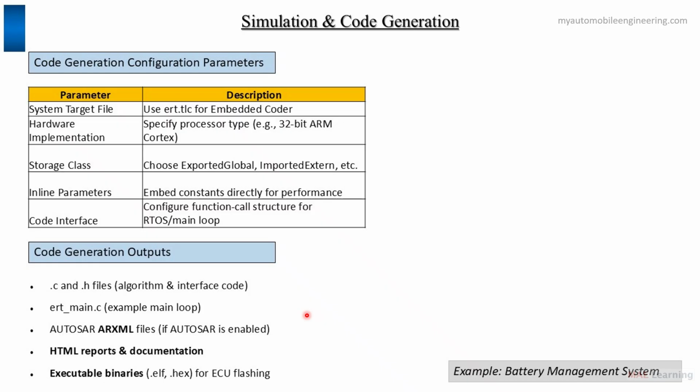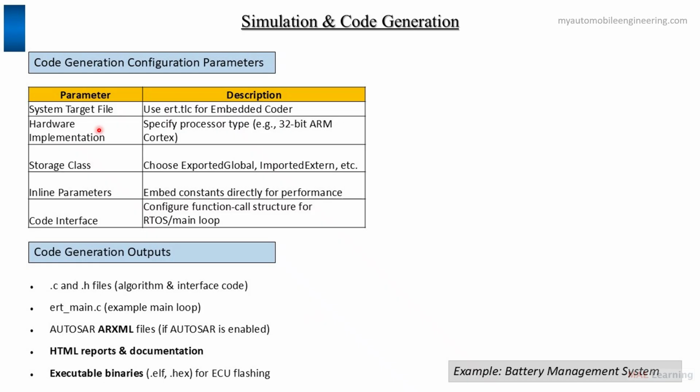Another file is ert_main.c, which shows how the main loop works. Then AUTOSAR ARXML files, if AUTOSAR is on. Then a detailed HTML report for documentation. Then ready-to-flash executable files, .elf or .hex, for loading into your ECU.